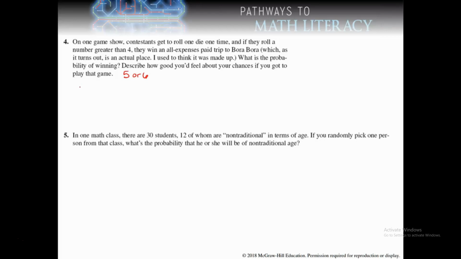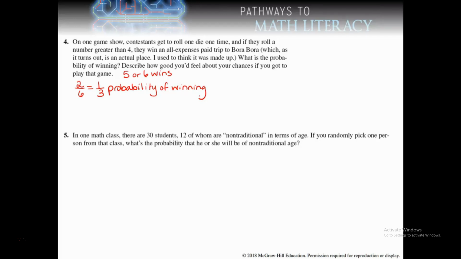So 2 out of 6 reduces to a 1/3 probability of winning. So then how good would you feel about your chances? Well, a 1/3 probability, that's a 33.3% chance. It's more likely that you won't win, but it's still a pretty significant chance. It's within the realm of possibility.